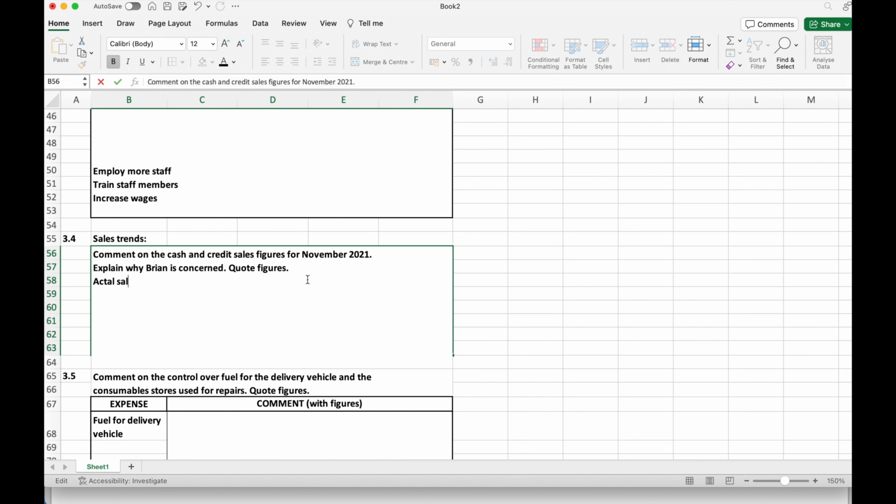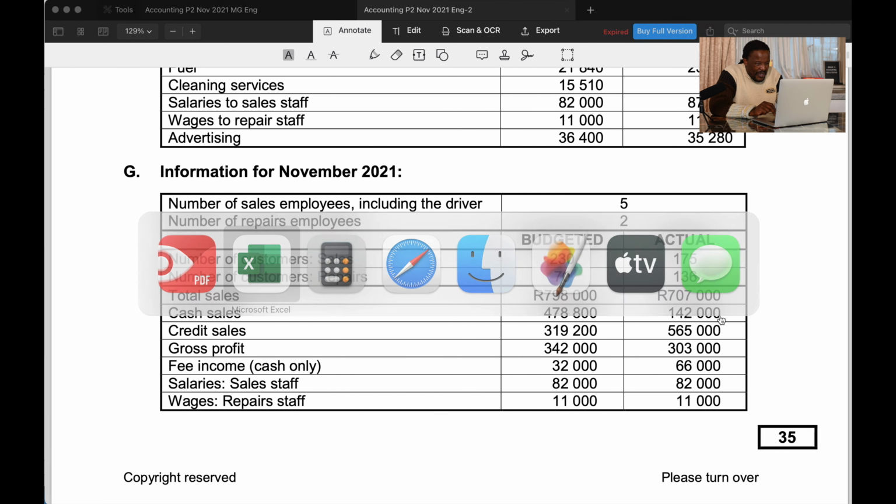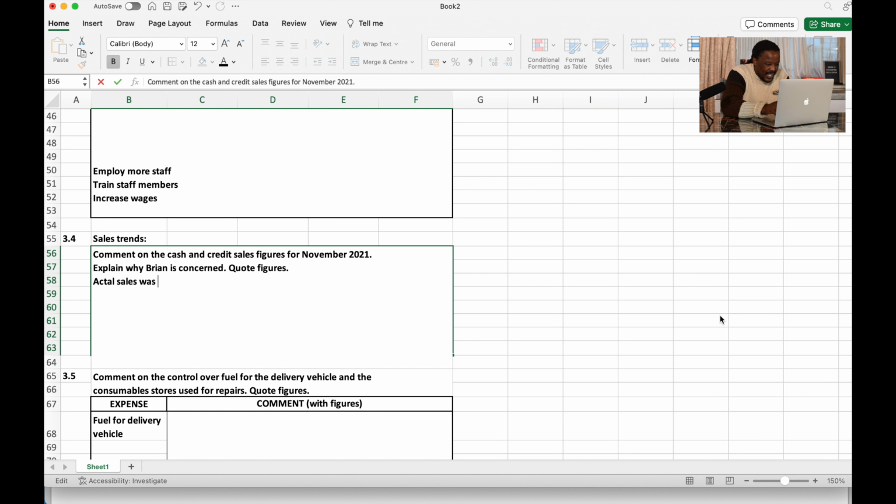Actual sales, was it more or less than budgeted for? Was it more or was it less than? Because actual sales was less than budgeted for. Now that less, it's a free mark. And now you quote figures. How do you quote figures?